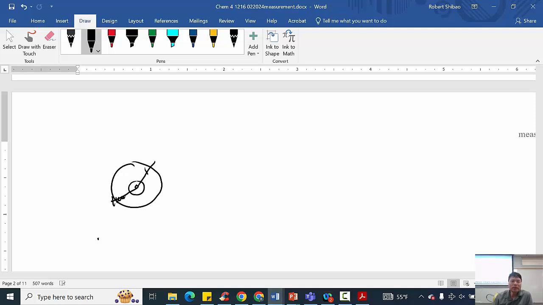So if somebody threw 3 darts and those 3 darts landed on the bullseye, then you would say high accuracy and high precision.